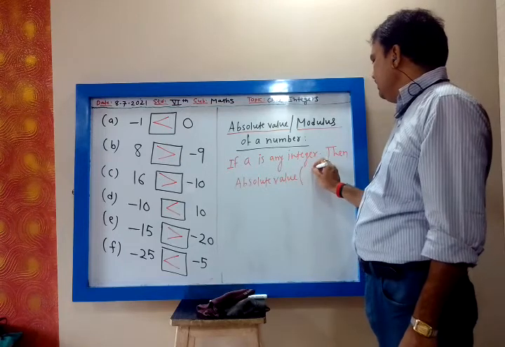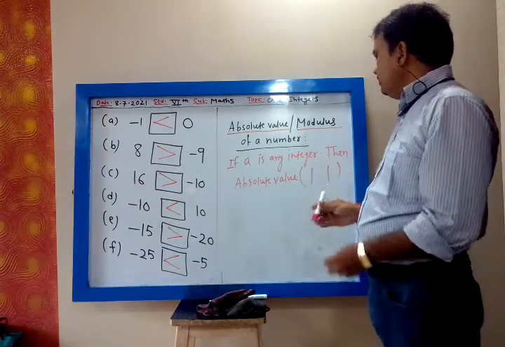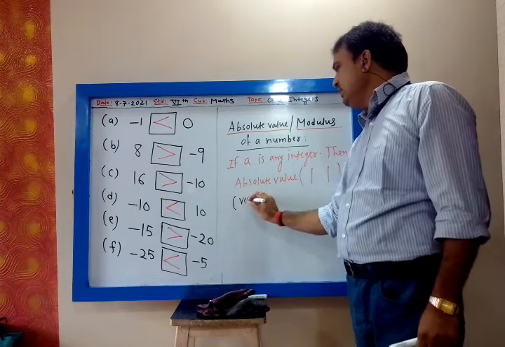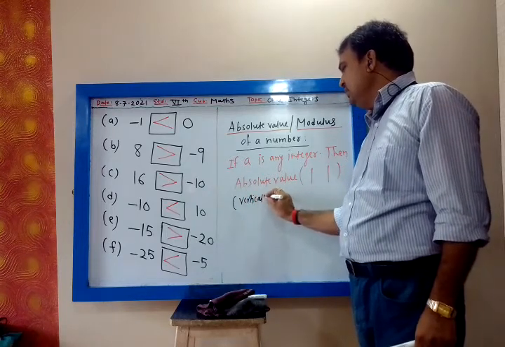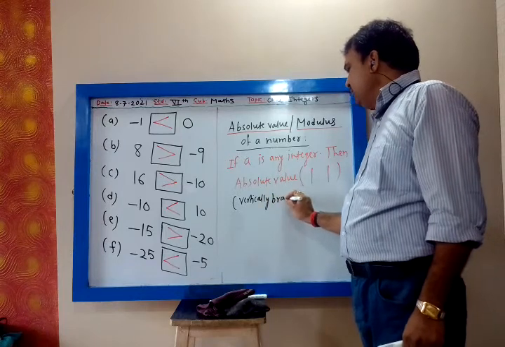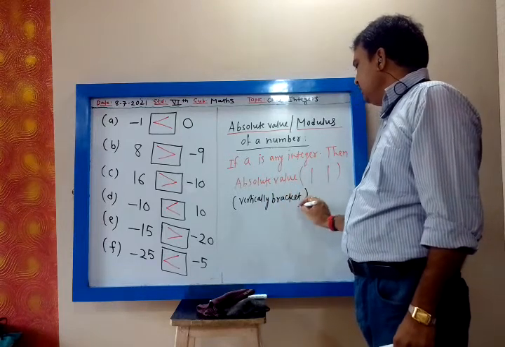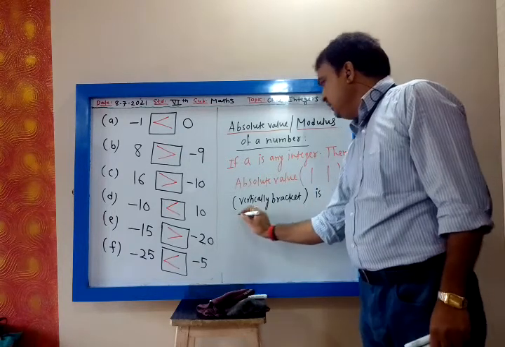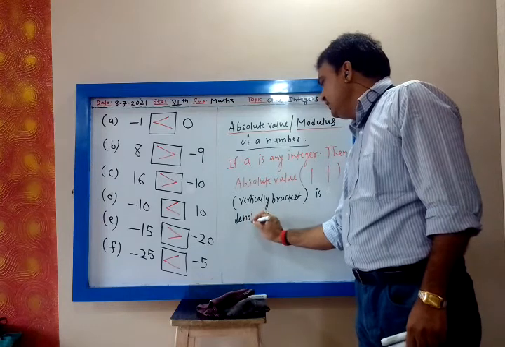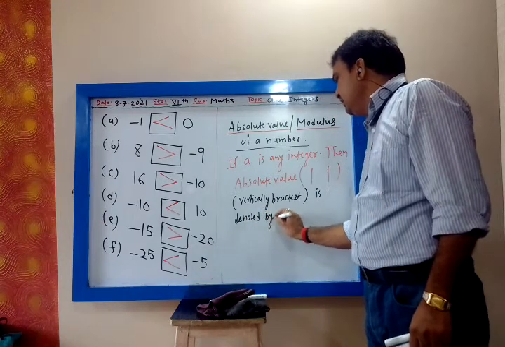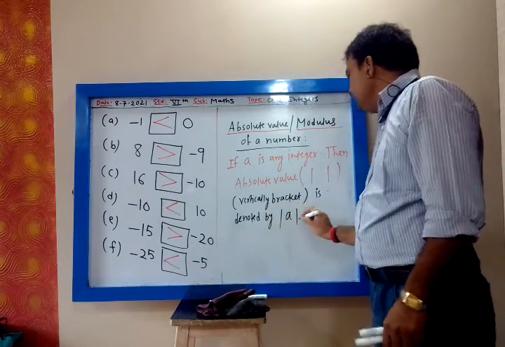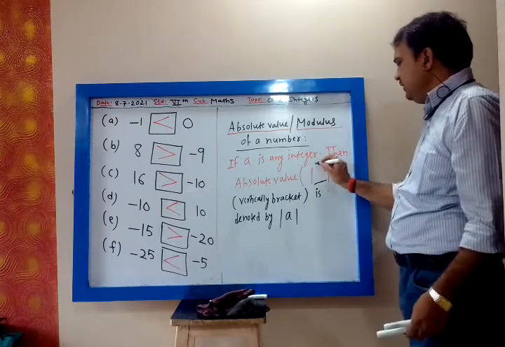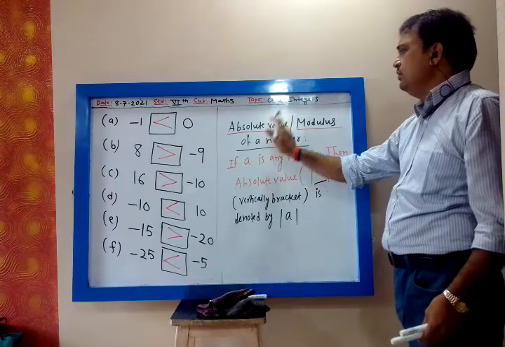It is not a 1; it is a vertical bracket. That vertical bracket is called the absolute value bracket.